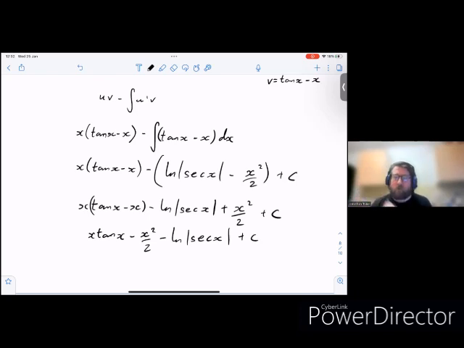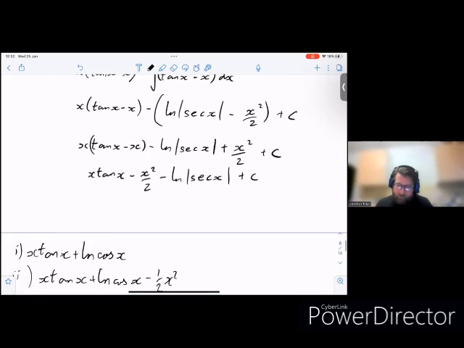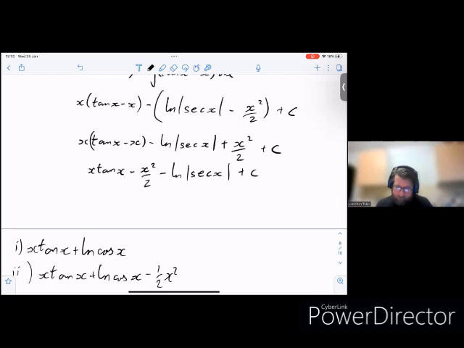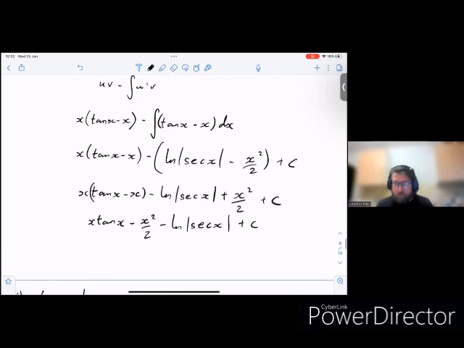I am going to show you, so the textbook I got this example from, it gives the answer as minus log cos x. Now that's because sec x can be written as cos x to the minus 1, and then you bring the minus 1 in front because of the laws of logarithms.